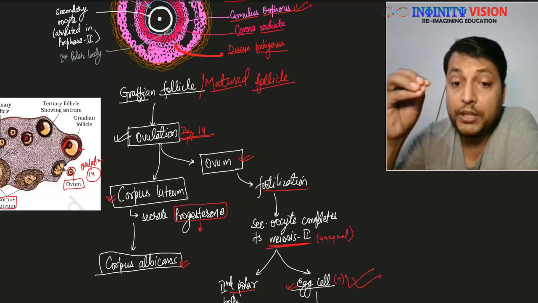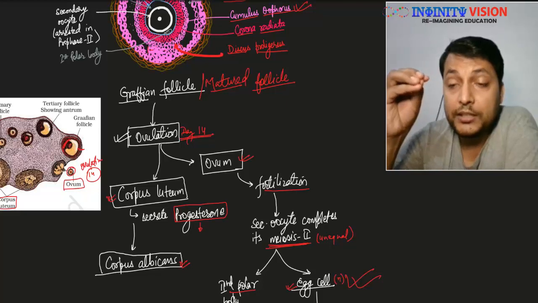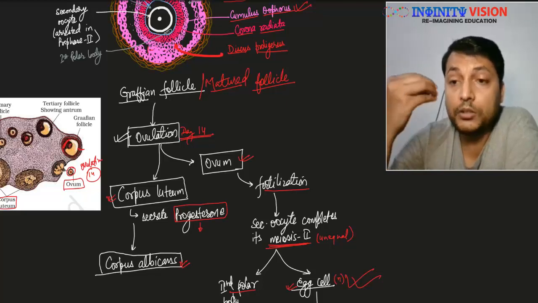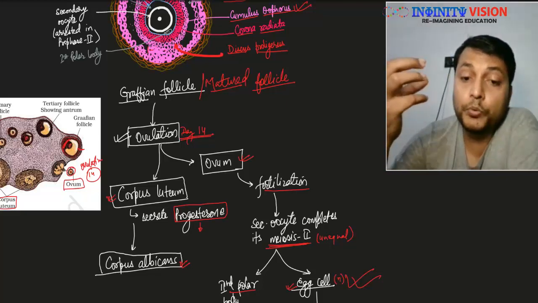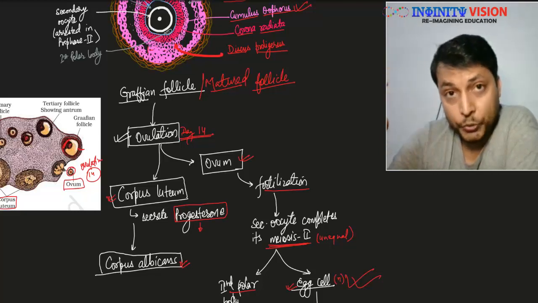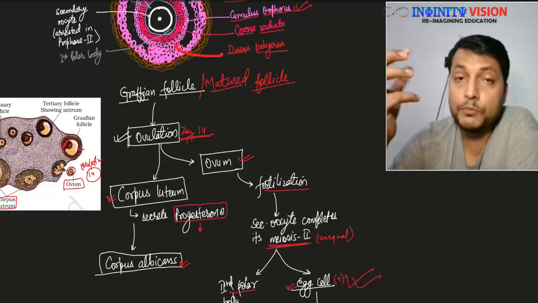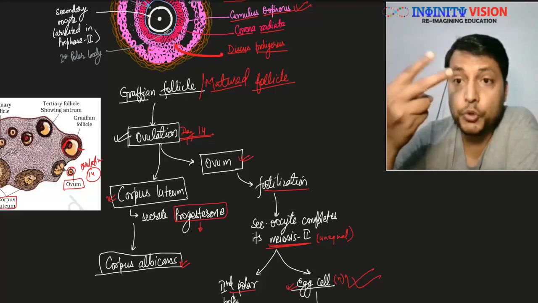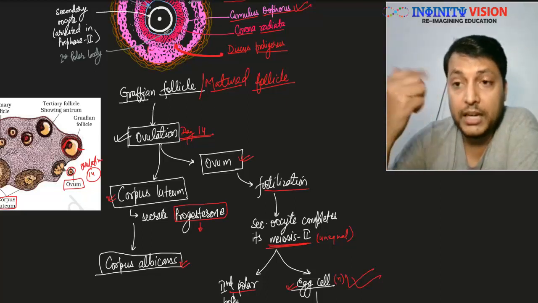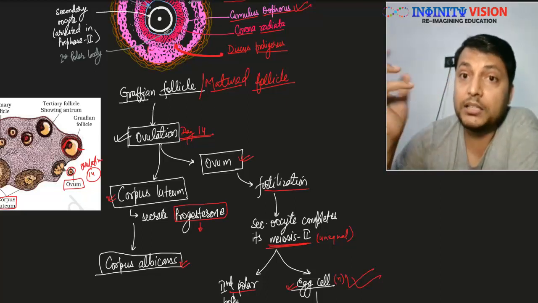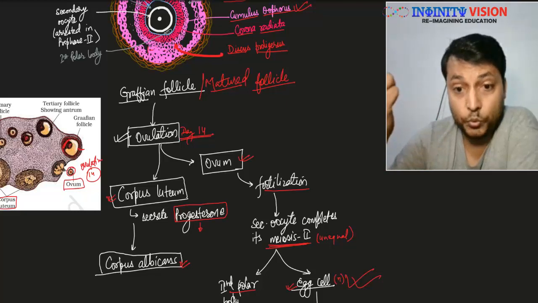Now with the help of the centriole from sperm, the secondary oocyte will be able to complete its meiosis 2. And again this meiosis is unequal. As a result, two unequal daughter cells are formed. The larger cell is called egg cell and the smaller cell is called second polar body.